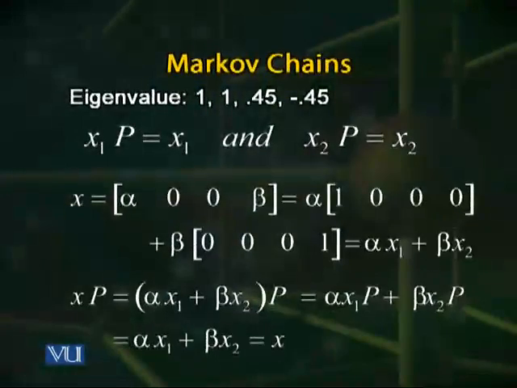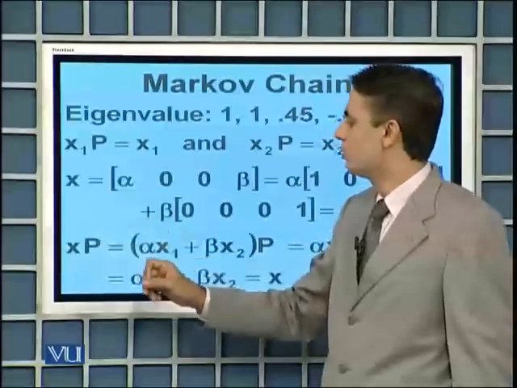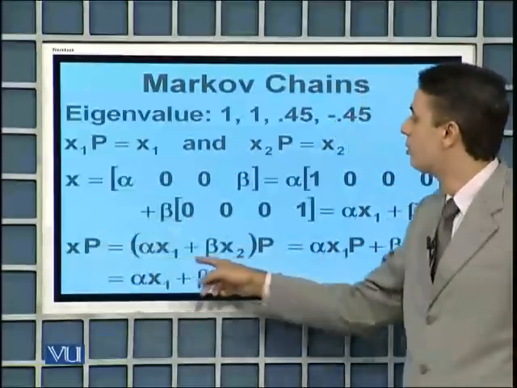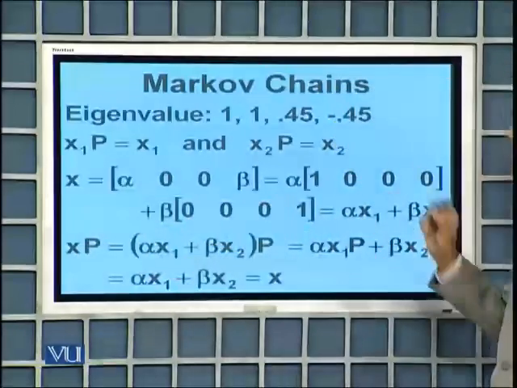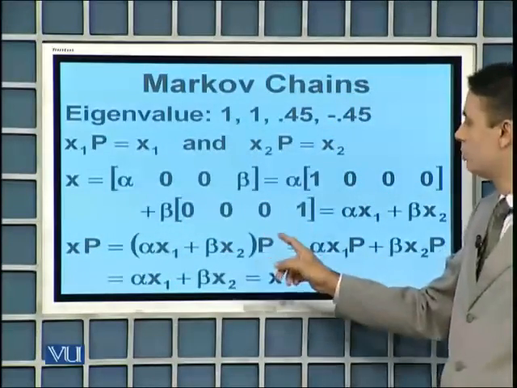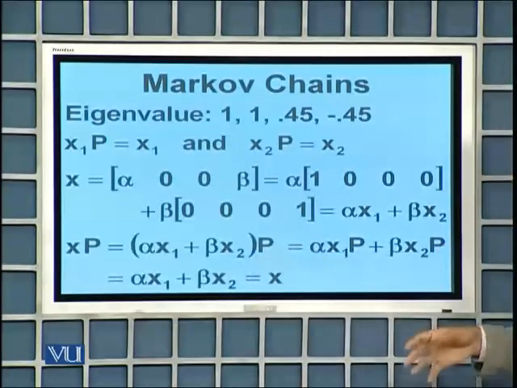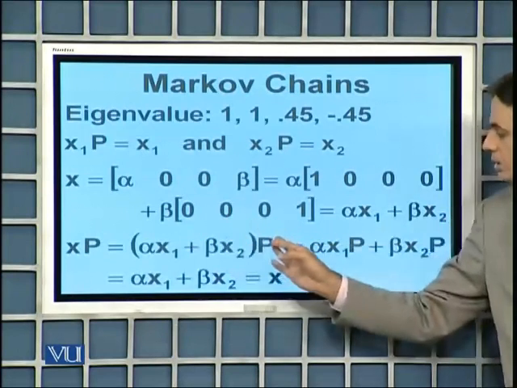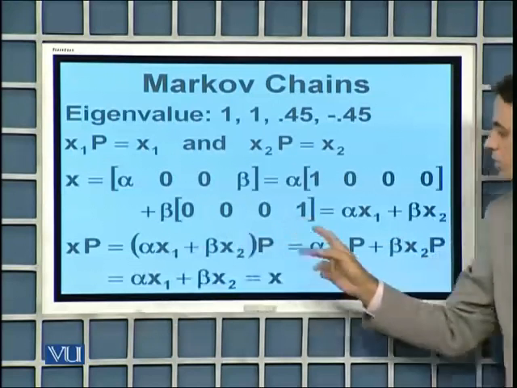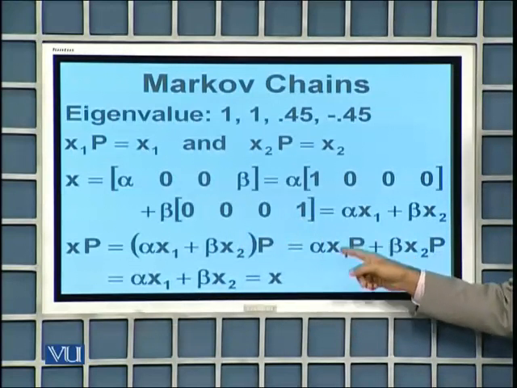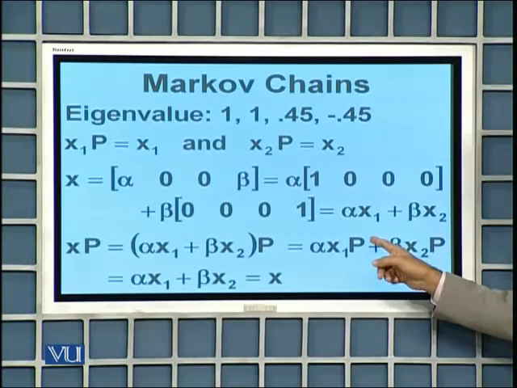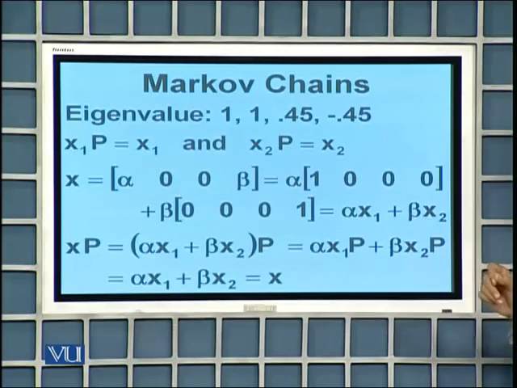If we take this general probability distribution and multiply it with the one-step transition probability matrix P, we are going to have in this bracket the representation of x that we obtained from the previous equation, times P. Since matrix multiplication is a linear operation, the multiplication with P is going to distribute, and we are going to have alpha x1 times P plus beta x2 times P. And remember, x1 times P is going to be x1 because x1 is an eigenvector.